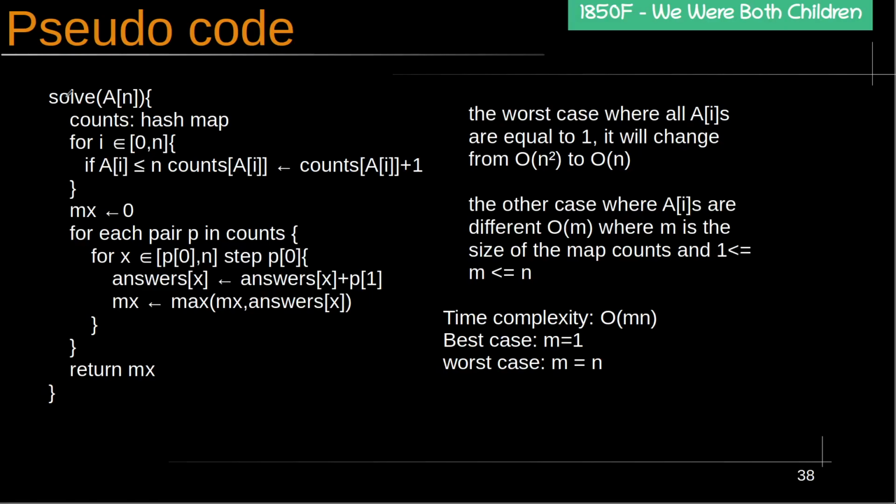So the pseudocode: first we have the hash map counts. We're going to count the number of appearances of each element. If a is less than n, we count it, how many elements we have, how many of each A_i. This is for the maximum. And now we iterate over that map.